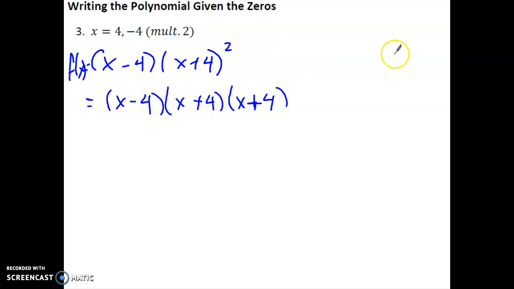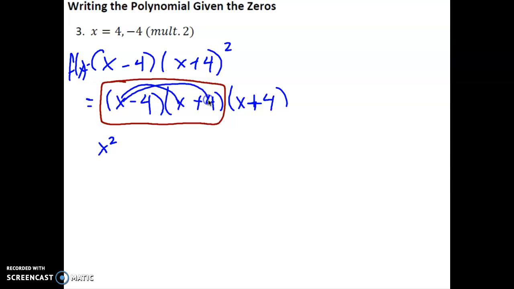Okay, so let's multiply these together. And we did practice with 3 terms in class in our last unit. So I'm going to multiply those 2 together. All right, let's FOIL that out. So I've got first times first. And then I'm going to distribute that x over here to the +4. All right, now I'll distribute the -4.